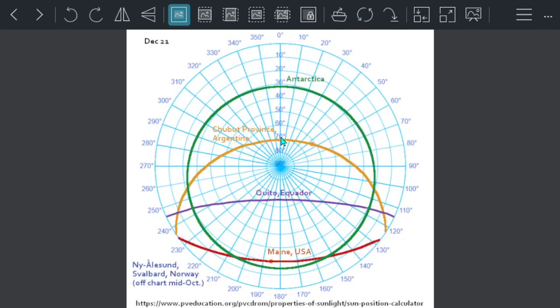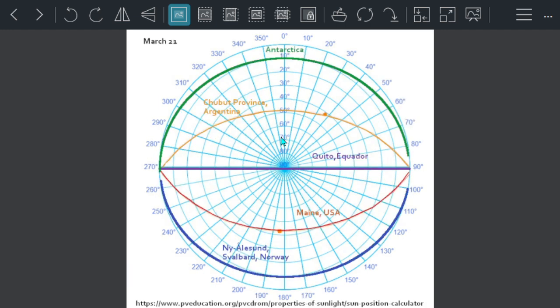Okay, so it would be more accurate to look at just the northern things, the things we can test, which the one in Argentina, in this province in Argentina, is halfway there, and it does a mirror image. But again, we don't project when we want to know what the sun's actually doing.